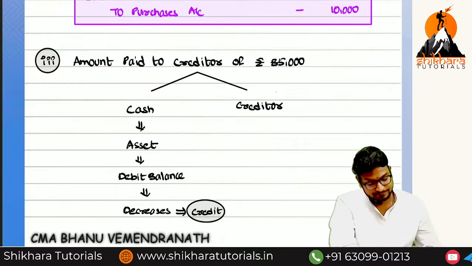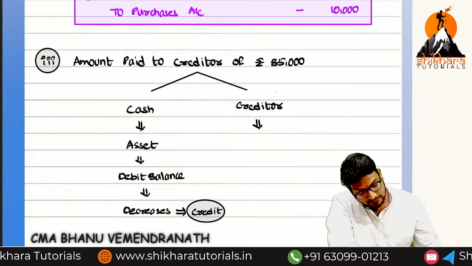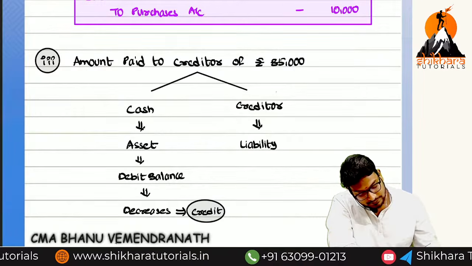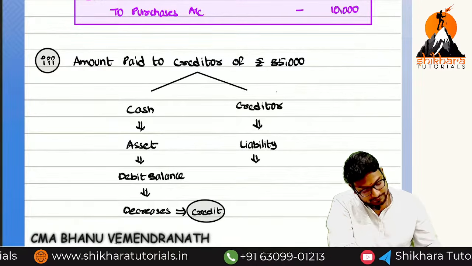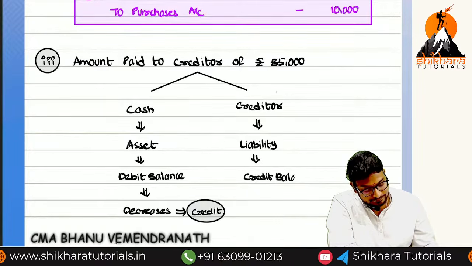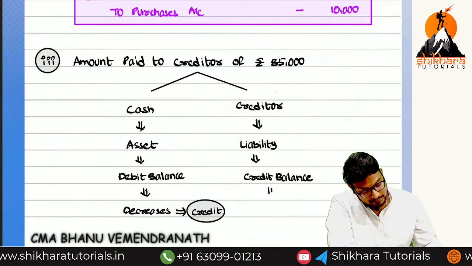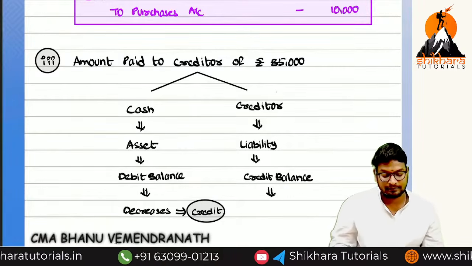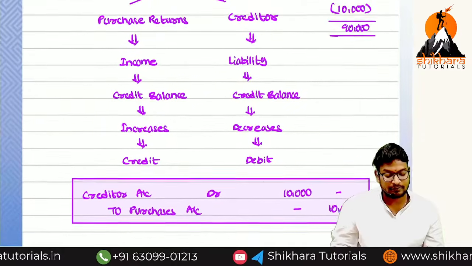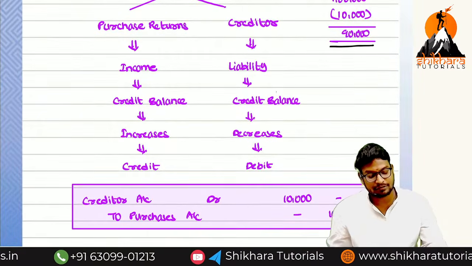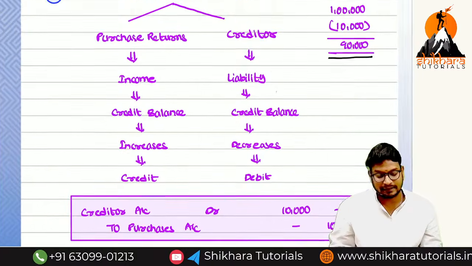Next, creditor. Creditor means asset or liability? Liability. Liability has which balance? Credit balance. Now we have to decide whether it is increasing or decreasing. In our previous one, our creditor liability became 1 lakh to 90,000.